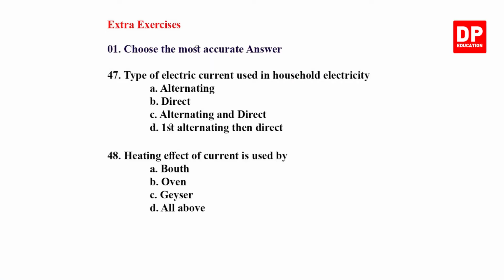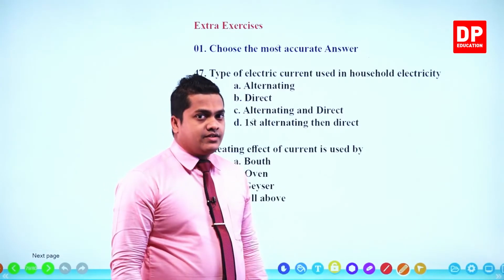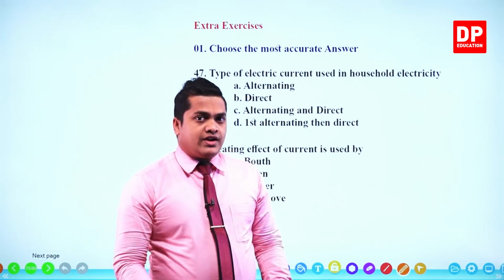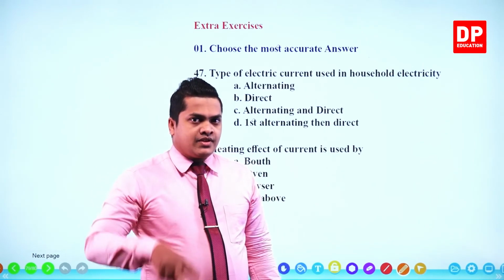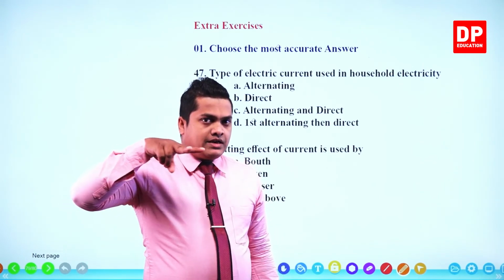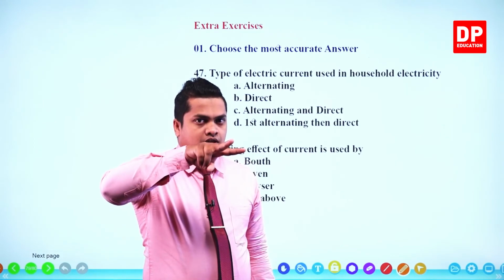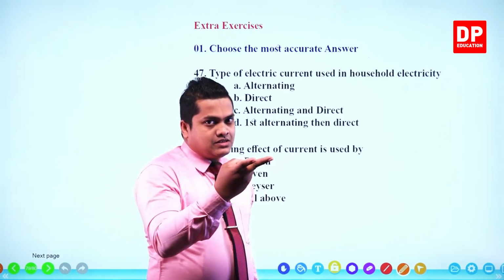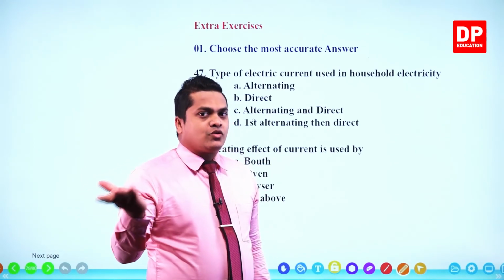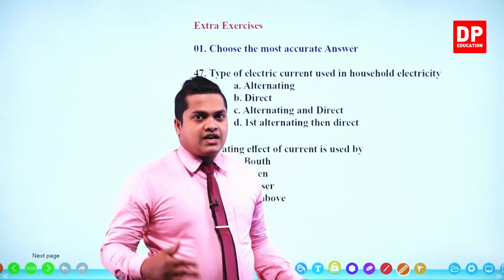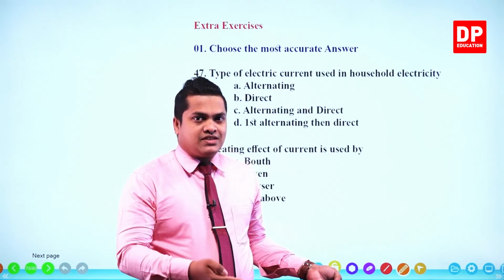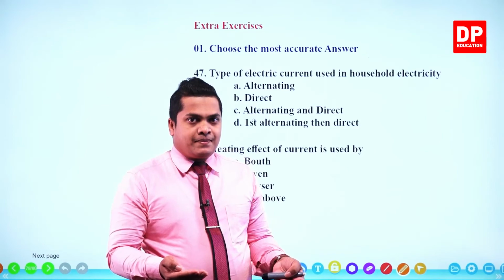Type of electric current used in household electricity. So in our household electricity, my dear children, you know that if there are 2-pin plugs, plugging in a 2-pin plug like this is not going to affect the electrical appliance. The appliance is going to work. If I plug it in like this, it's still going to work because there are no distinct terminals as positive and negative, right?